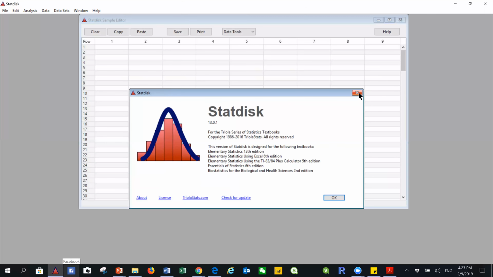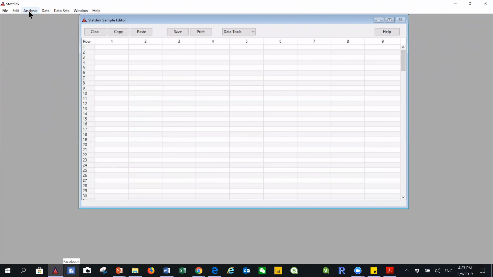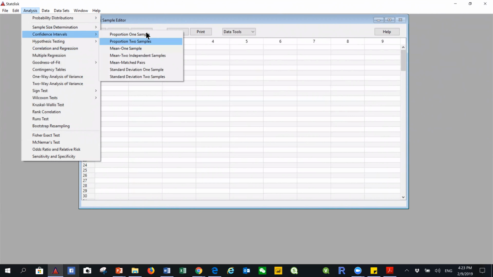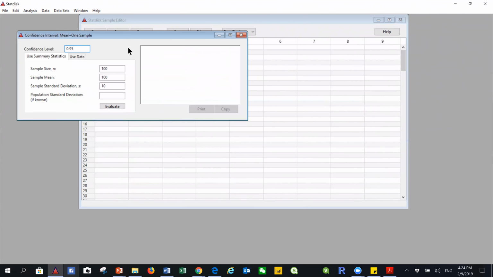With this example, you open it and click on data analysis. You'll see confidence intervals, and here is a list of the population parameters, which I call the target. You choose one to be the target. Here I choose mean, one sample. That means mu is your population parameter.